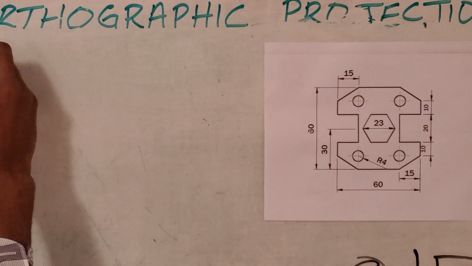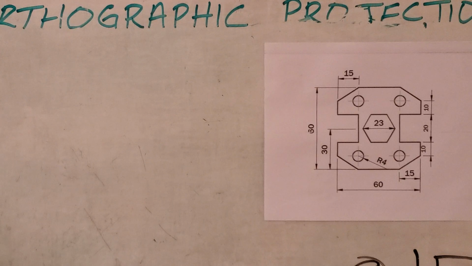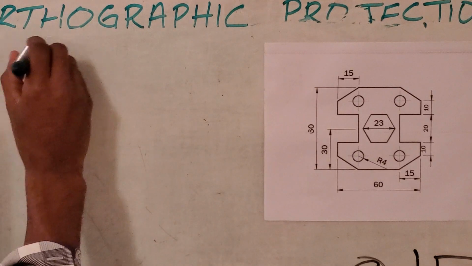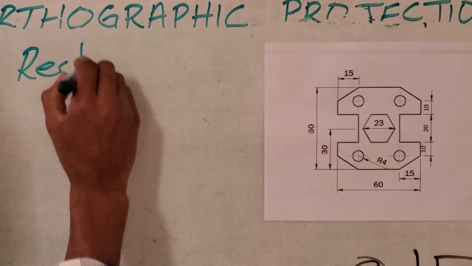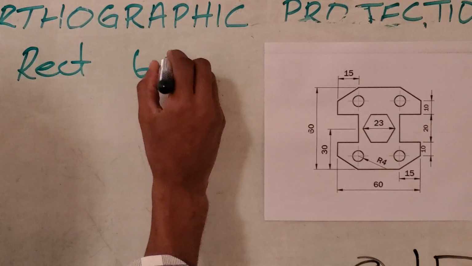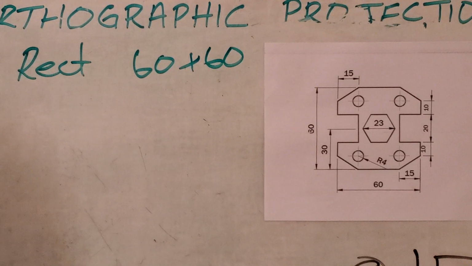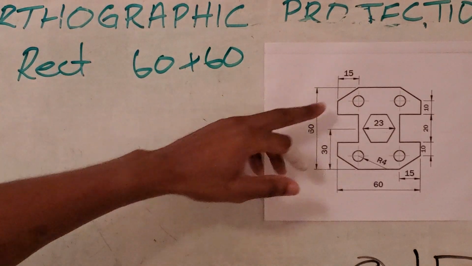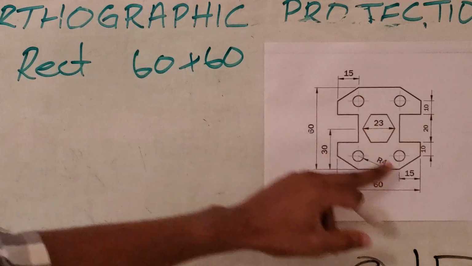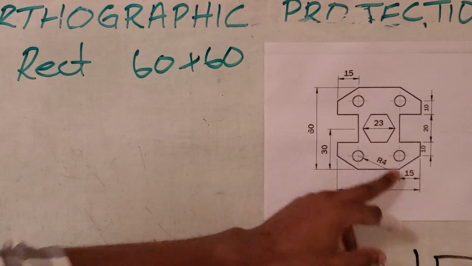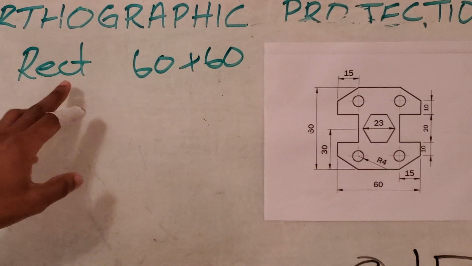So my first step would be to draw a rectangle, 60 by 60. For the rectangle, we'd use dynamic input. The next step in AutoCAD would be to offset this by 15.